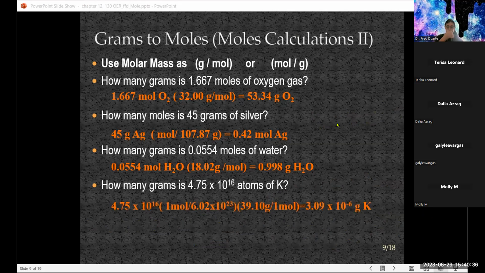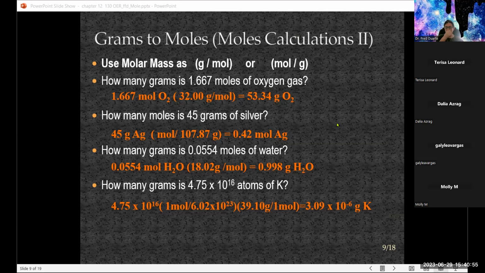So here are your 2 conversion factors. The first one gets us to moles, the second one gets us to grams. Think about this for a second: 4.75 times 10 to the 16 atoms, that's a lot of atoms.